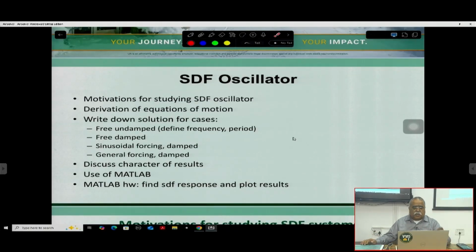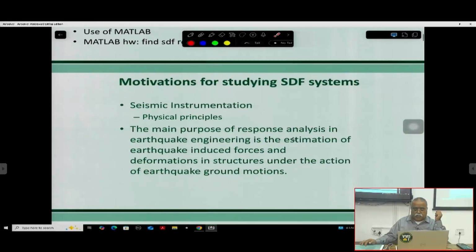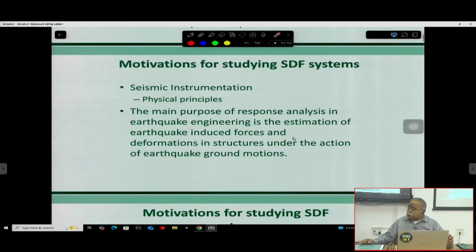So our work today will be to derive this SDF oscillator type of response to earthquake motions and see what mathematical form it gives us and what the interpretation of this type of response is.